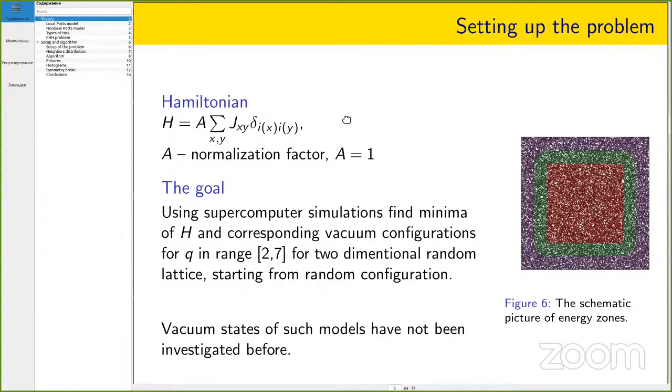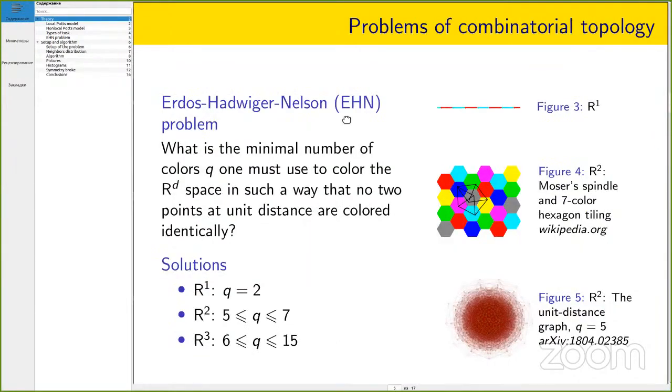And for now, I'd say this model can mostly be used in some combinatorial topology problems. So I don't have a direct answer to your question. The model is really interesting, but finding a physical application is hard enough.